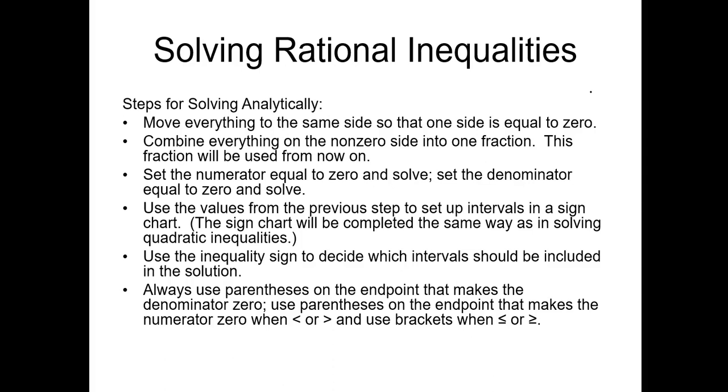If you have a question where you end up with y1 greater than 0 or greater than or equal to 0, you're trying to basically see where the graph is above the x-axis.